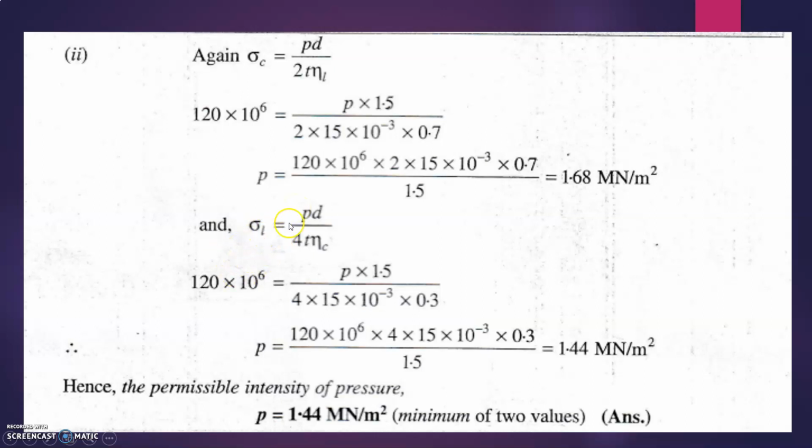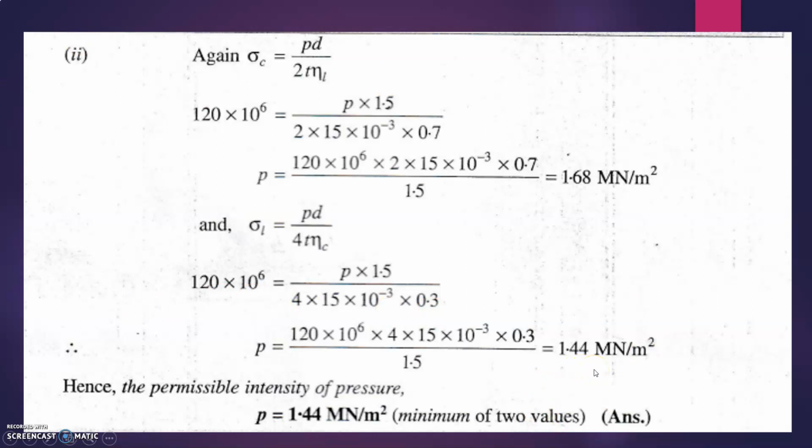Next calculate in terms of longitudinal stress. σL is equal to PD divided by 4 into T into the efficiency of the circumferential joints. So substitute: 120 into 10⁶ equal to P into D, which is 1.5, divided by 4 into the thickness 15 into 10⁻³, and the efficiency of circumferential joints is 30%, that is 0.3. Simplify and you get 1.44.